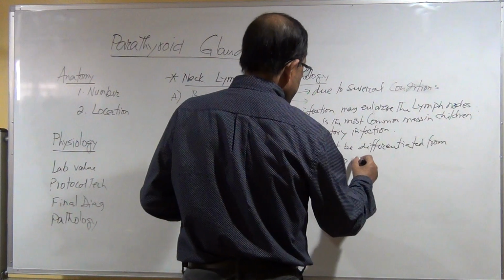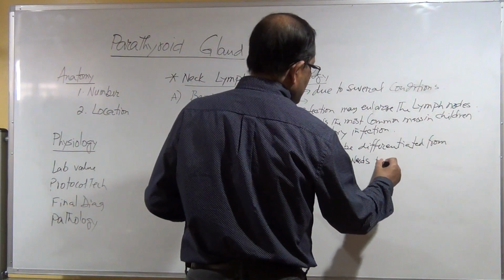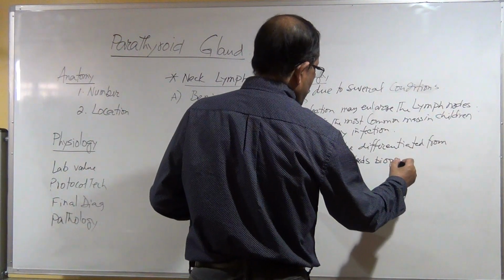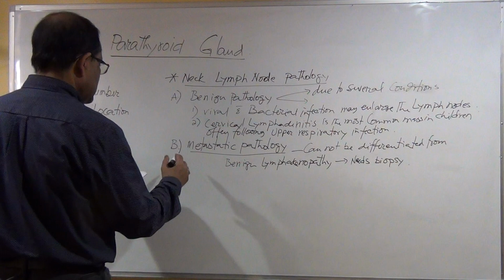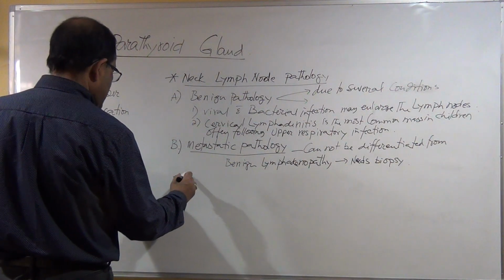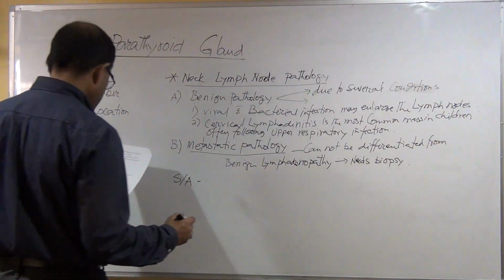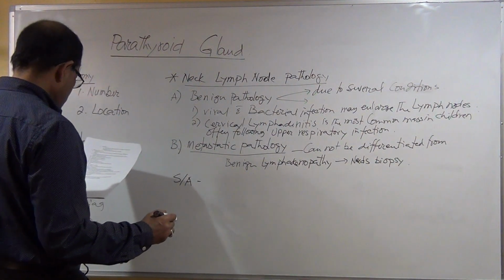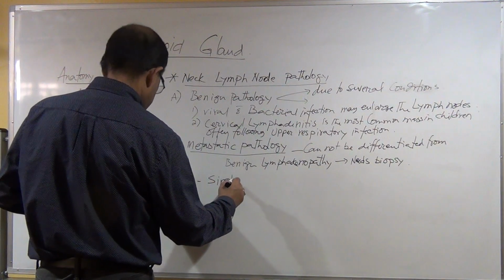That means it needs biopsy. Now, sonographic appearance: a single well circumscribed circular or oval hypoechoic nodule.